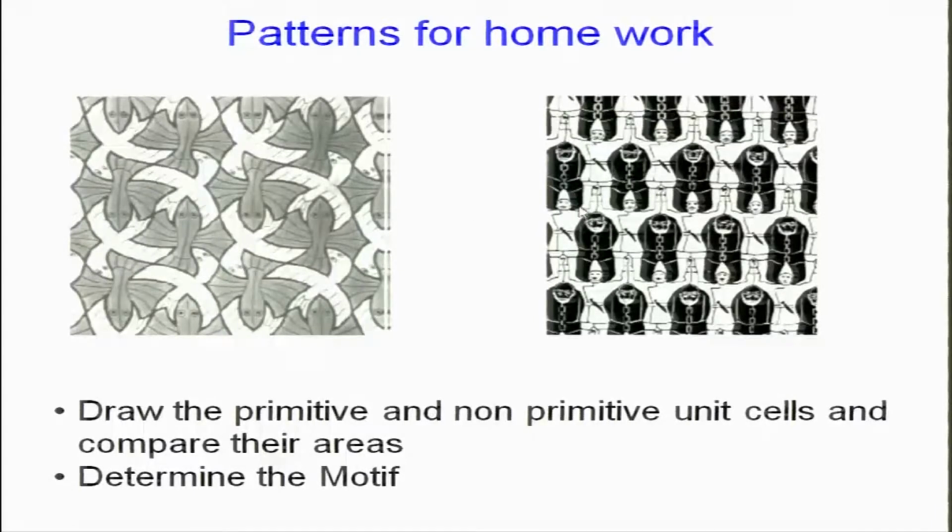These are just two examples which I am giving here, but you can Google for Escher patterns yourself. All right. So this takes us to the end of this particular point, which will bring us to the next lecture.